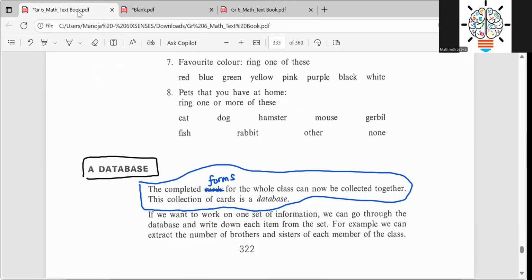So then we are moving to our next subtopic that's right down in black color, a database. The completed forms, all of them filled and given to us. So the completed forms for the whole class can now be collected together. Then we can keep it in one file that we call the database. This database word which you are learning with your computer science teacher is in a way similar, but it's a different thing that she or he will explain in an advanced way.